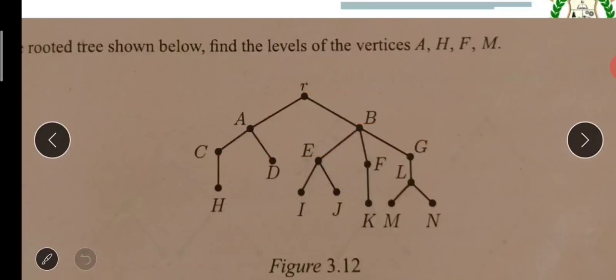Level of F: 1, 2 edges are required, so the level of F is 2. Level of M: 1, 2, 3, 4, so the level of M is 4. Like that, you can find how many edges are required to reach that node from the root.